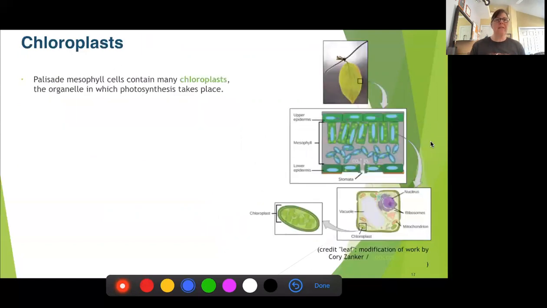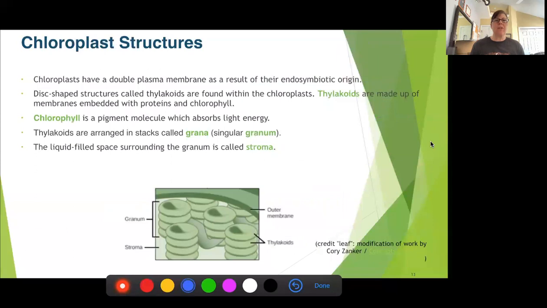The palisade mesophyll has many chloroplasts. Again, this is where most of our photosynthesis is occurring. It's facing the sun. We have the structure of the chloroplast, which has a double membrane, very similar to the mitochondria.